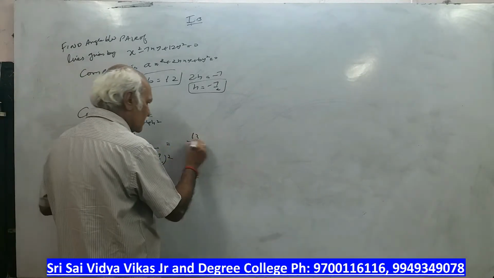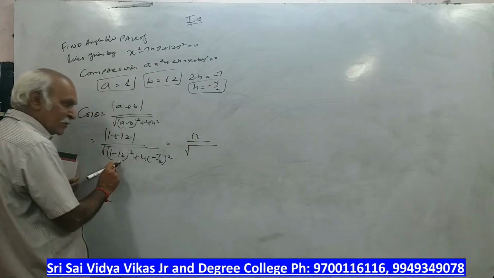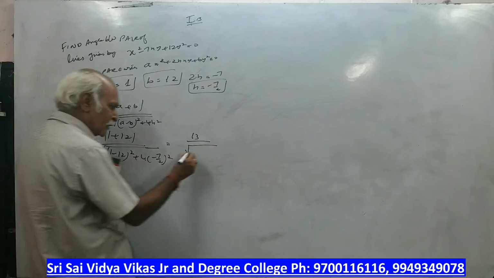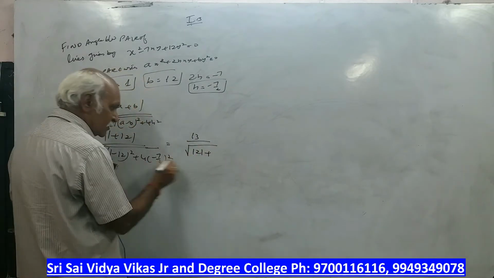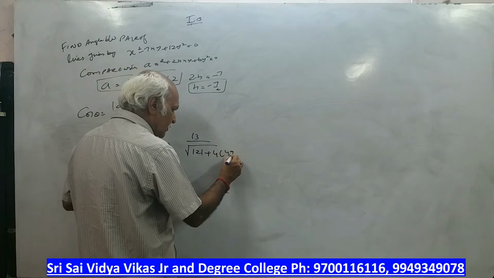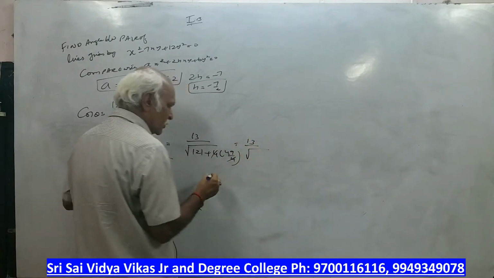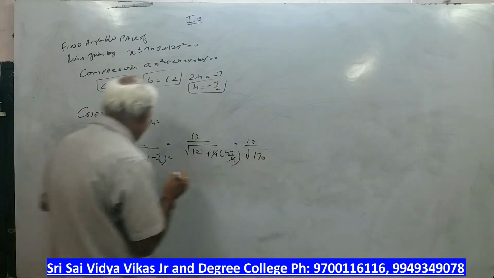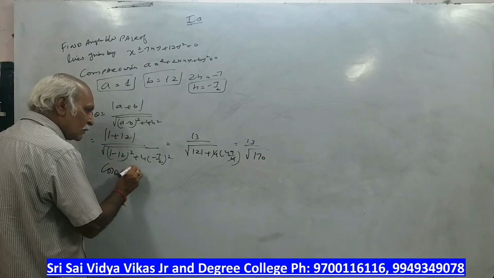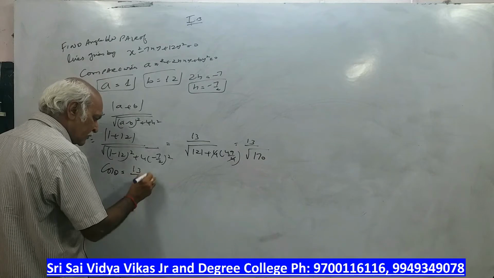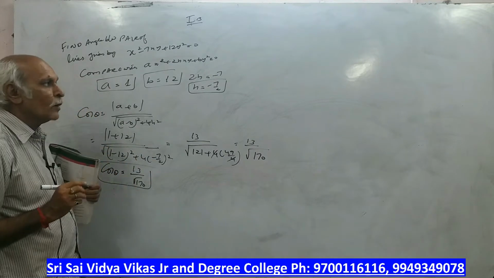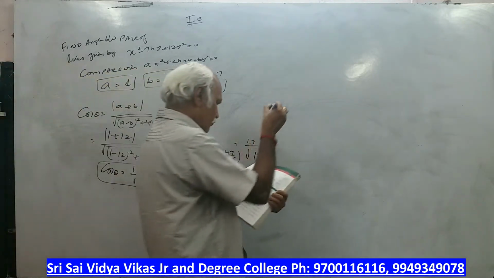So this becomes 13 by root of, 1 minus 12 is minus 11, so 121 plus 4 into 49 by 4. The 4 will get cancelled. 13 by root of 170. So what is the cos theta? 13 by root 170.